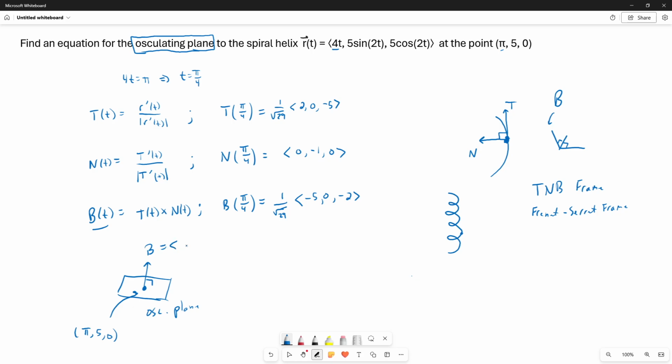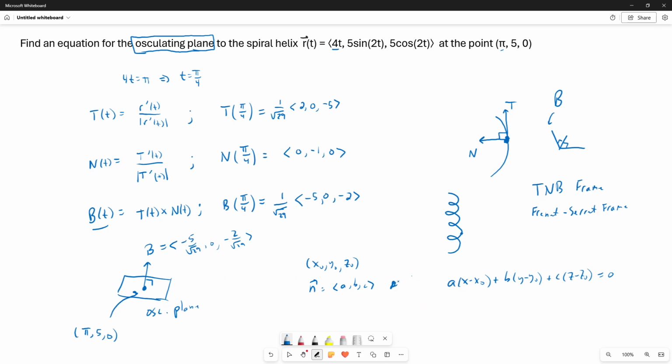So this B vector is (negative 5 over root 29, 0, negative 2 over root 29), and the point is (pi, 5, 0). So the equation of a plane that goes through a point (x0, y0, z0) with normal vector (a, b, c) is a times (x minus x0) plus b times (y minus y0) plus c times (z minus z0) equals 0.